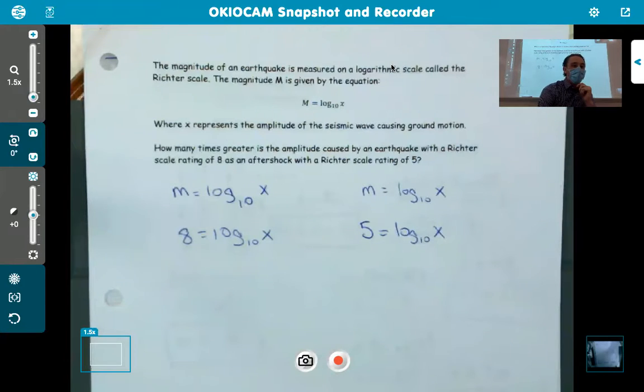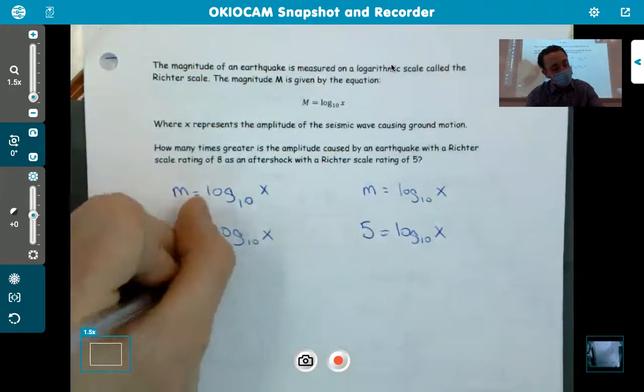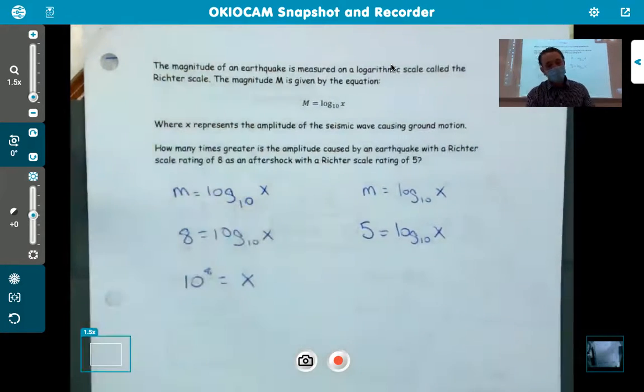Okay. Now we need to evaluate this. So we're going to do the same thing that we did before when we were solving our logarithmic equations, and that is to rewrite this in exponential form. So how would I rewrite this? And we'll just deal with one equation at a time. Right, 10 to the 8th power equals x.